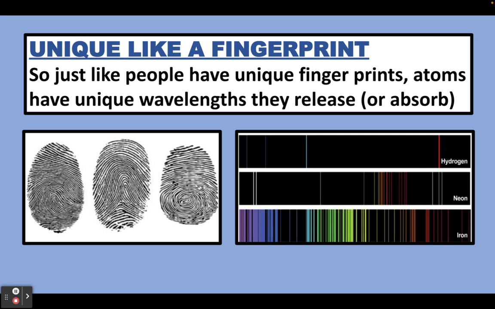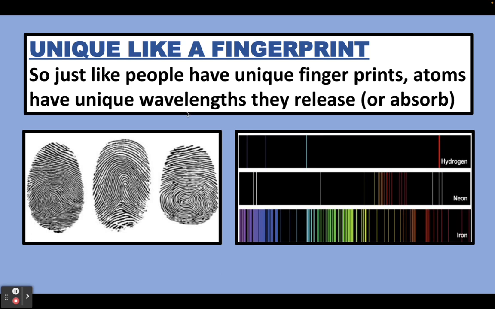So no atom of a particular element is going to have the exact same energy levels as an atom of a different element, because different elements have different numbers of electrons, and the number of electrons causes the energy levels to change a little bit.